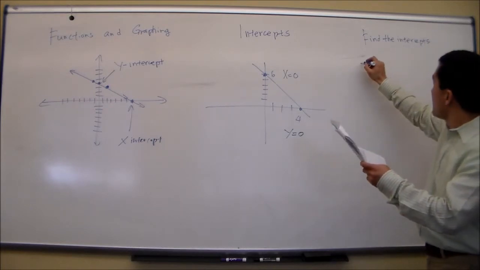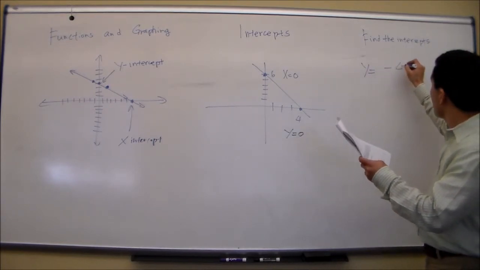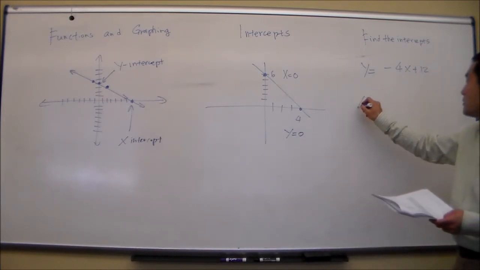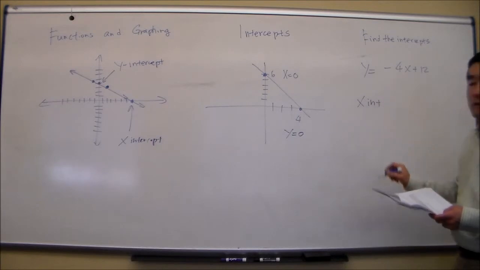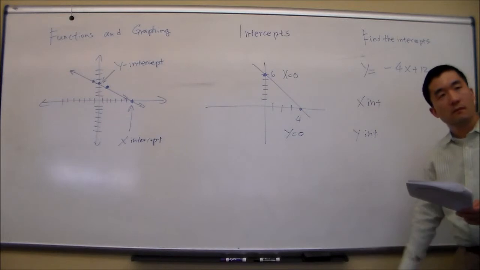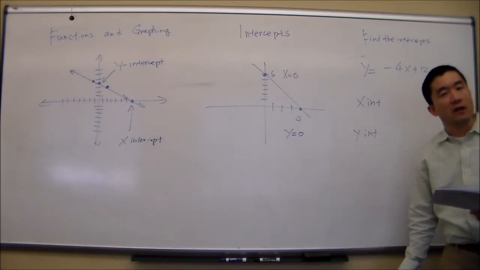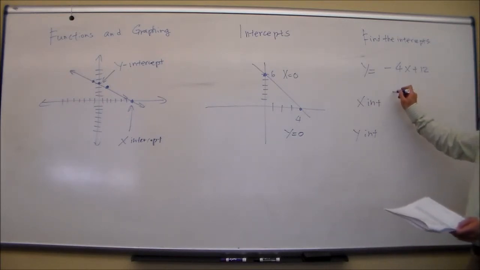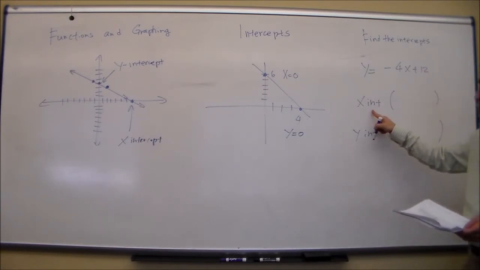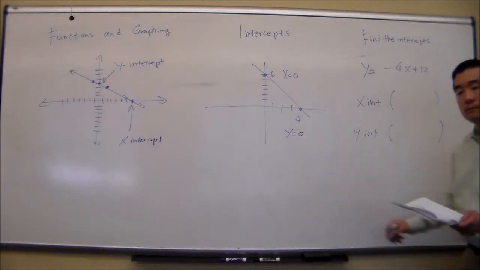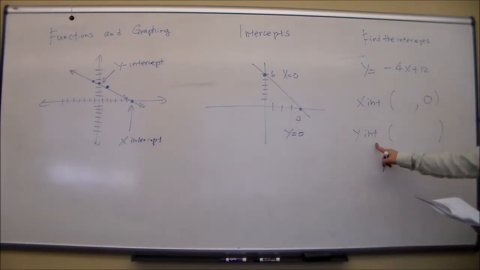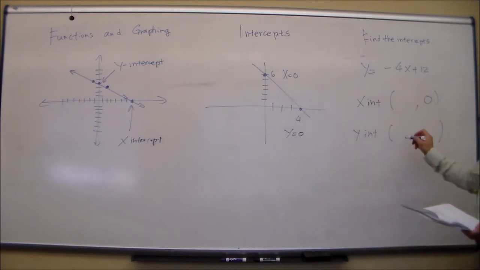Okay. Say I give you this. I need you to find the x-intercept. I'm going to write x-int, short for intercept, y-int. You're always going to get half credit for this because you already know that for the x-intercept, y is always going to be 0. So 0 here. And for the y-intercept, you know that x is always going to be 0, so 0.